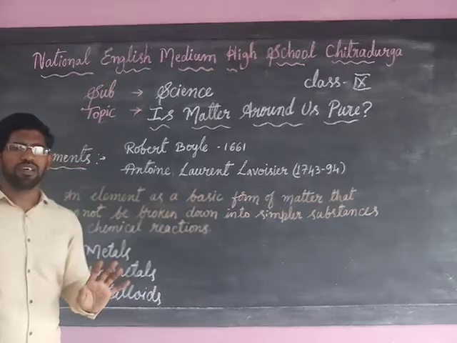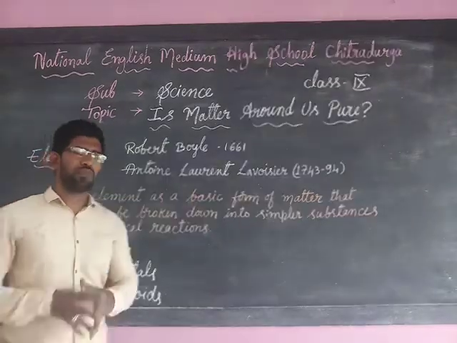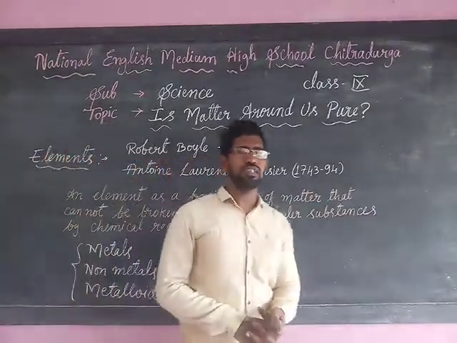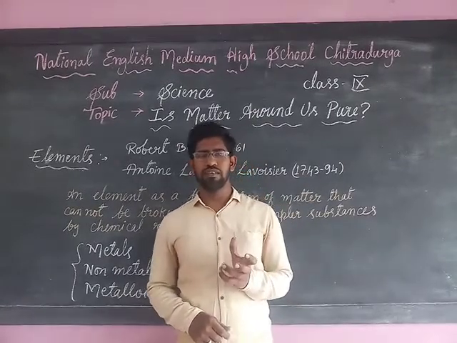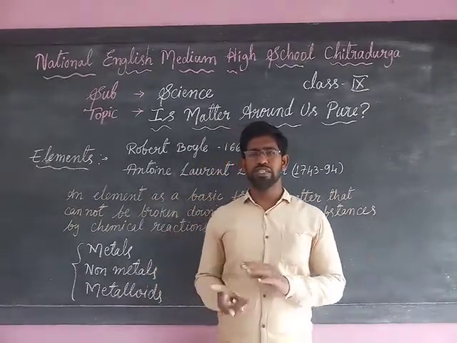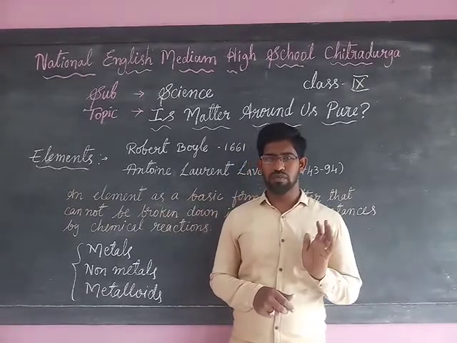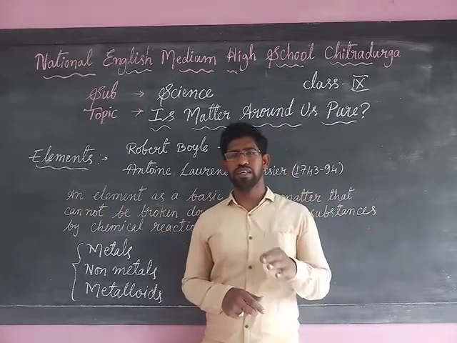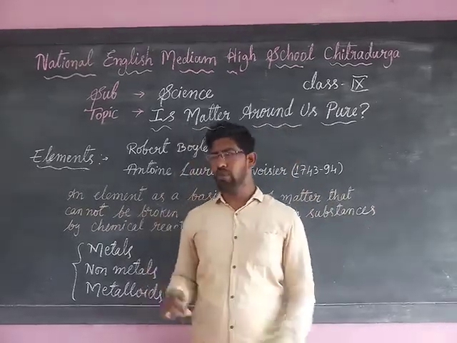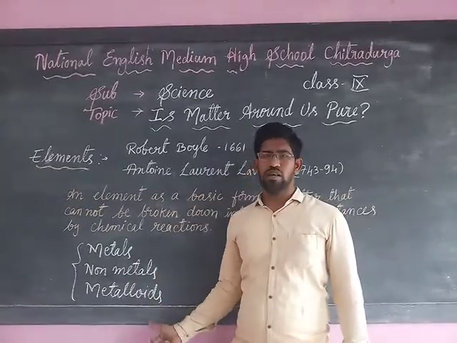Such type of element is called non-metals. The metalloids are generally non-metals, but when they are supplied a suitable environment, they start conducting electricity, but in a lesser amount. They can start conducting electricity and heat also, but less compared to metals. See, these are the metals, non-metals and metalloids.